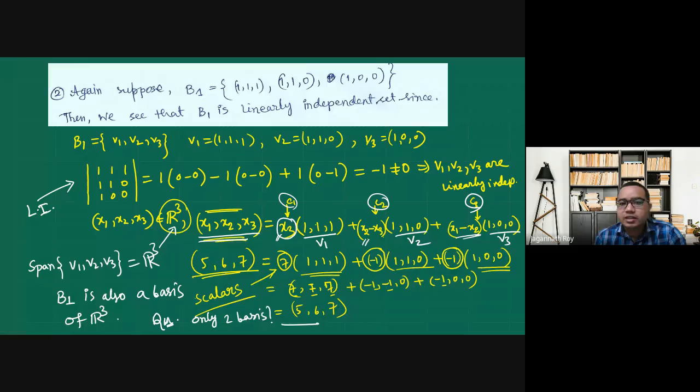Okay. Now the question may come whether a vector space has only two bases. The answer is no. A vector space may have infinitely many bases.